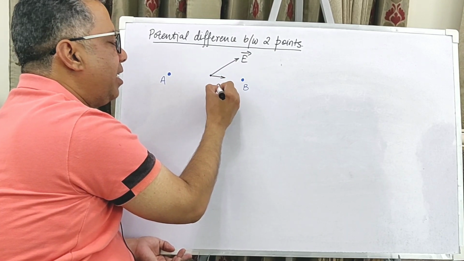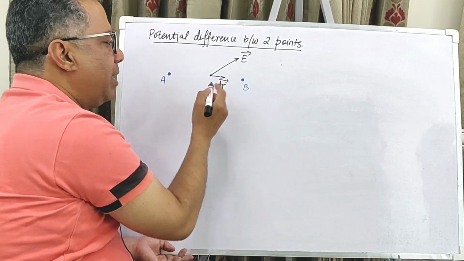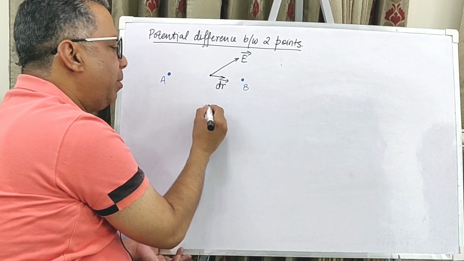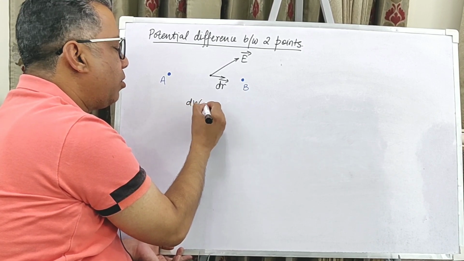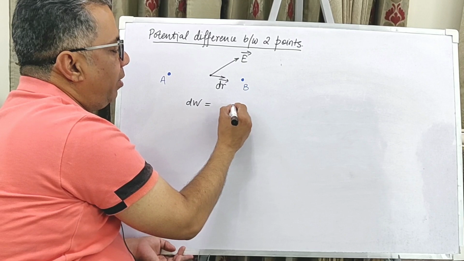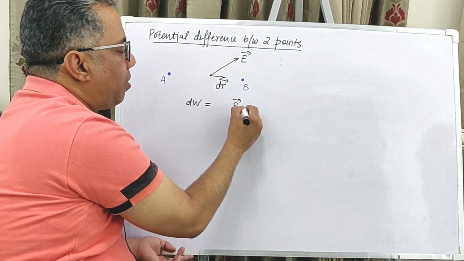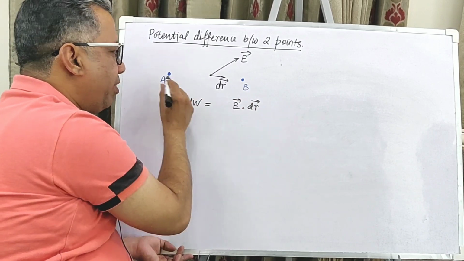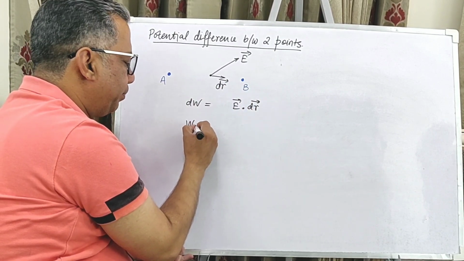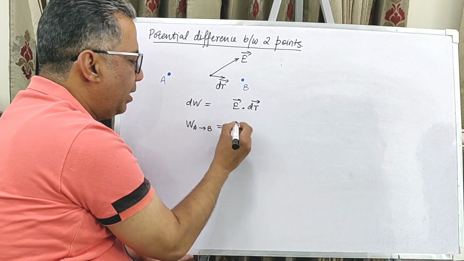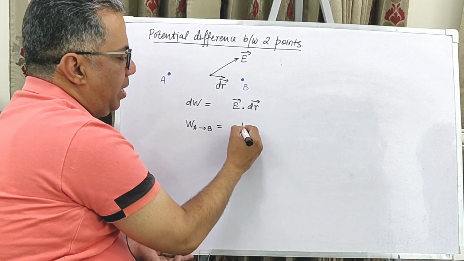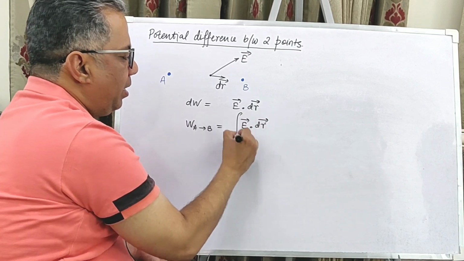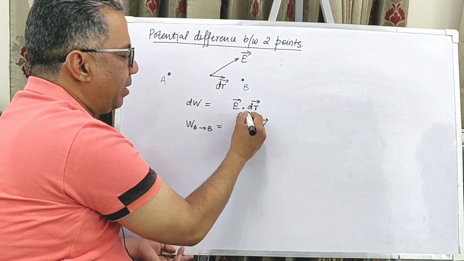We now consider a tiny displacement dr, and in this small displacement dr, the work dw that gets done on that unit positive charge will be E dot dr. Now the total work done in moving from A to B is E dot dr integrated from A to B.